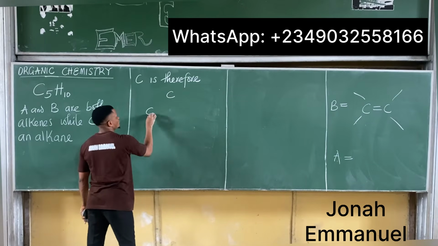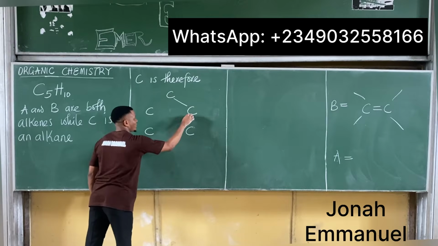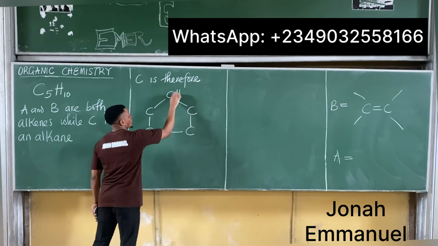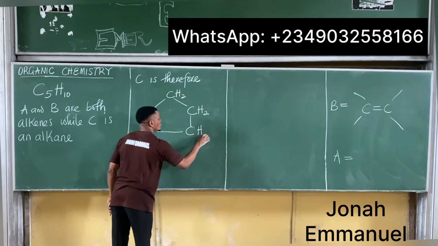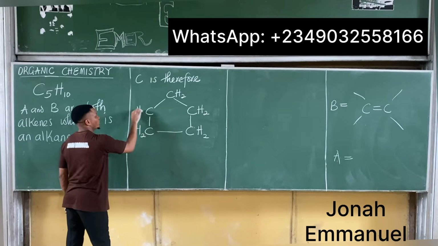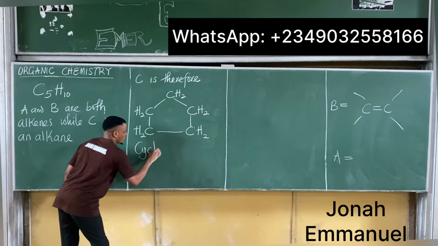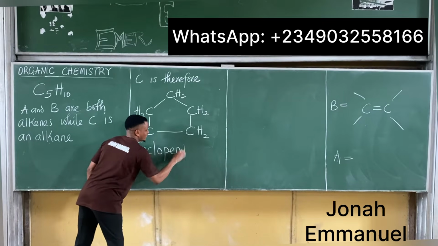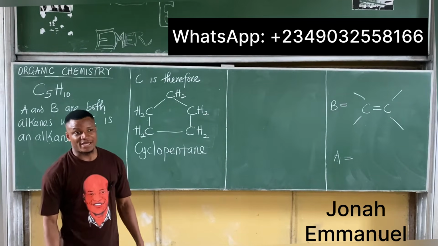That's 1, 2, 3, 4, 5, each carbon with CH2. So this now becomes cyclo C5H10. I have deduced C. I'm left with what there?